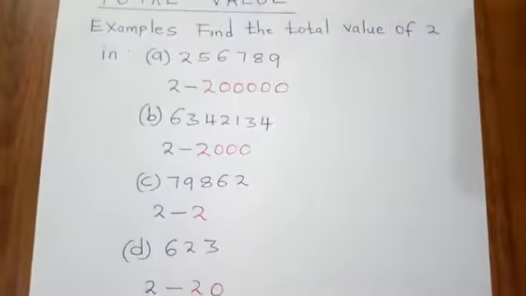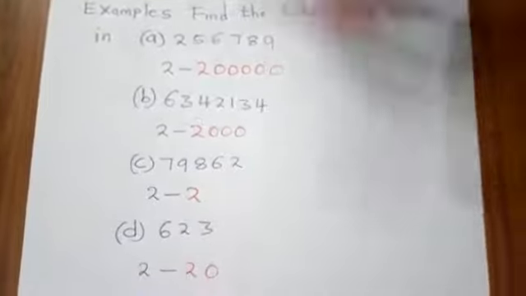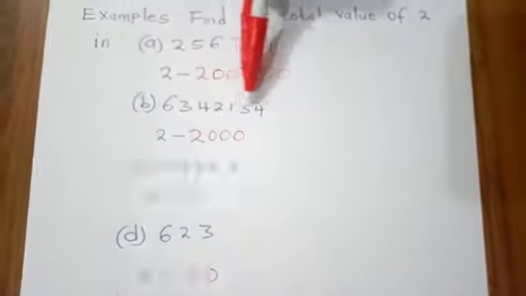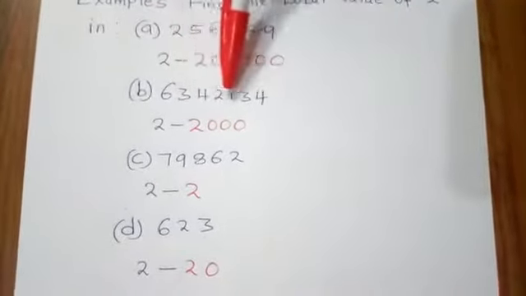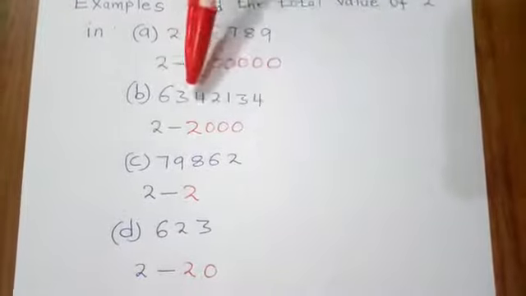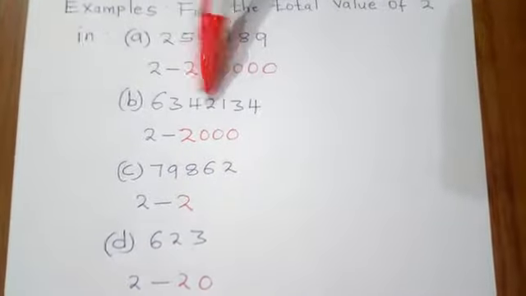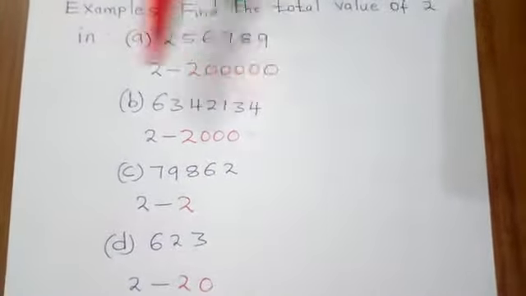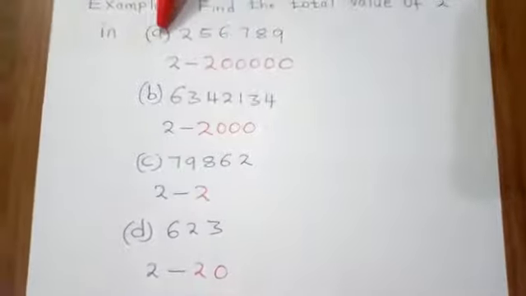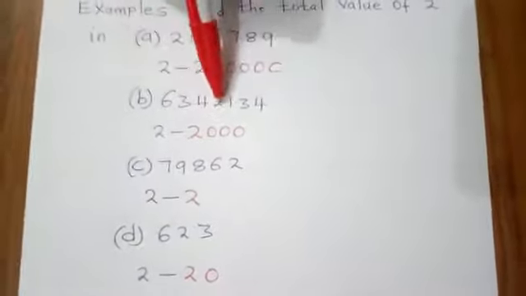Our next example, this one, I hope you can see it. So the total value of 2 in this number, as I said in example A, write the number that you have been told to find its total value, which is 2.